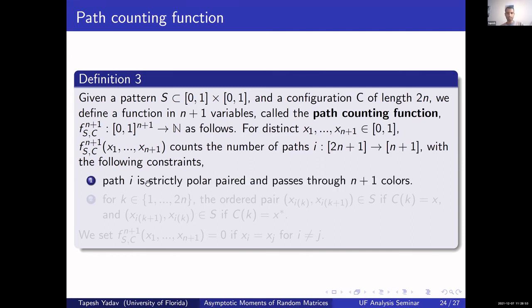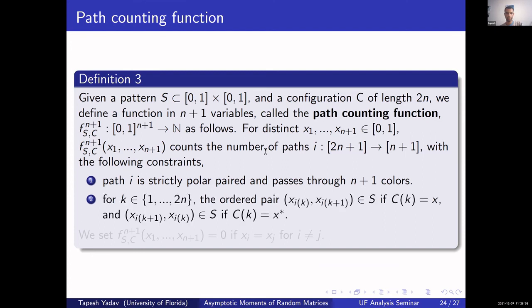The path I is strictly polar paired and passes through n+1 colors. For k inside the set 1 to 2n, the ordered pair (x_{i_k}, x_{i_{k+1}}) has to be inside S if c_k equals x.